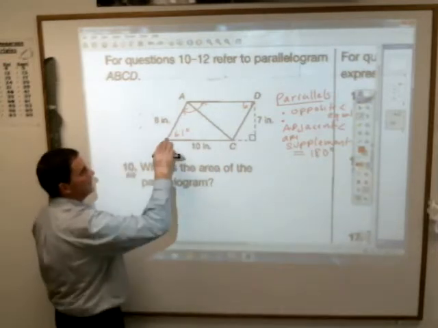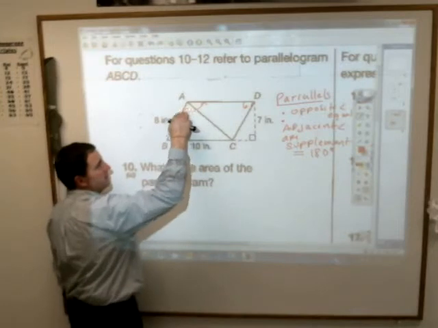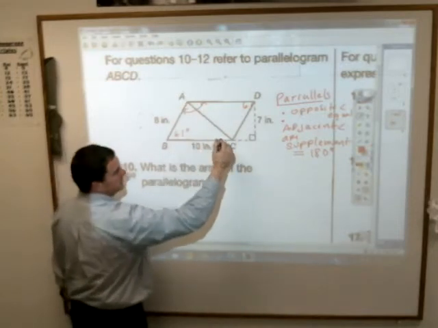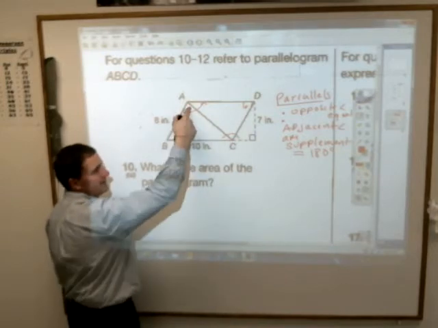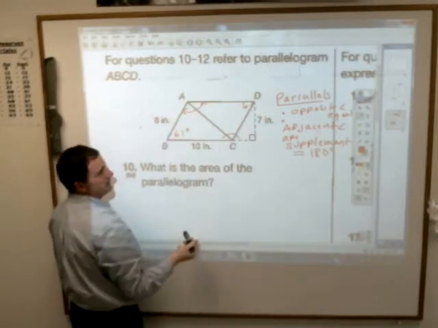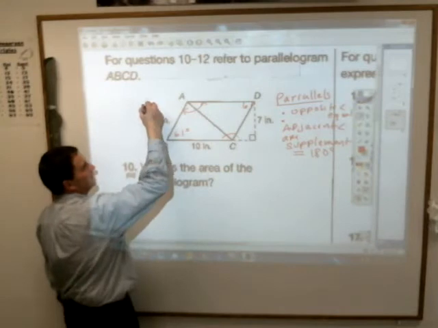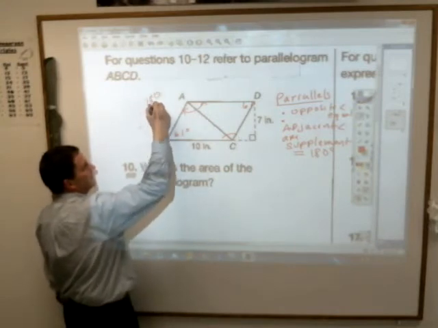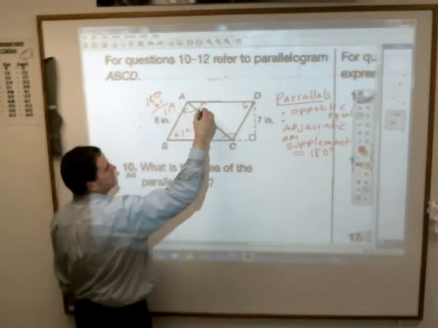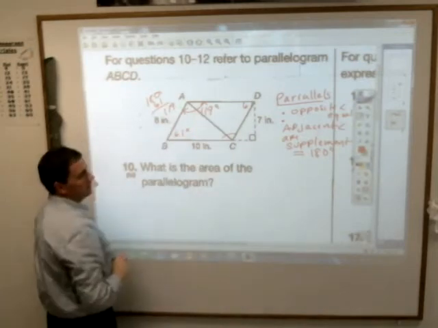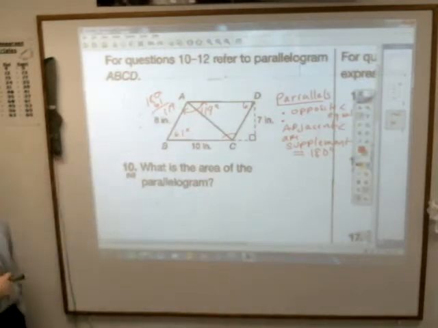In other words, this angle and this angle here are two adjacent angles, as well as this one is adjacent to that. These two angles have to form a straight line, which means they have to equal 180 degrees. So you need to take 180 and subtract 61 from it, and you'll get your 119 degrees, which was the answer for that one.